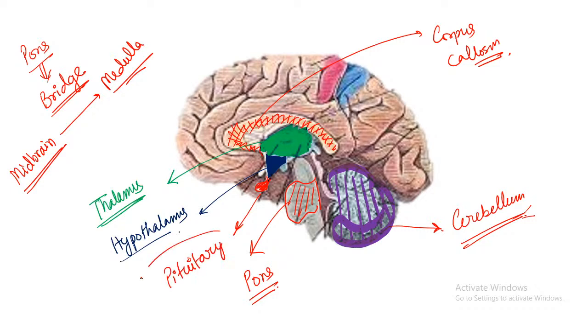Now the pituitary gland is of immense importance when we talk about the endocrine system, the hormonal system of our body. Pituitary and hypothalamus are of immense importance there. This is the part where the brain, that is the nervous system, is associated with the hormonal system. This is the link between the nervous system and the hormonal system. Very important from the examination point of view. Do keep a note of it. Okay.